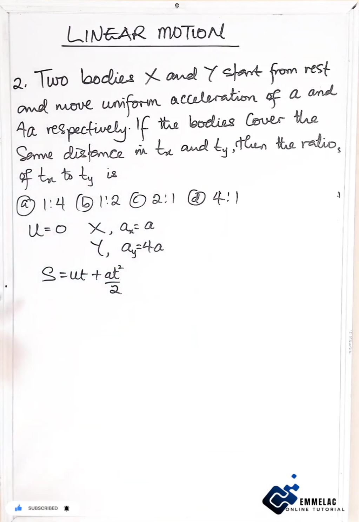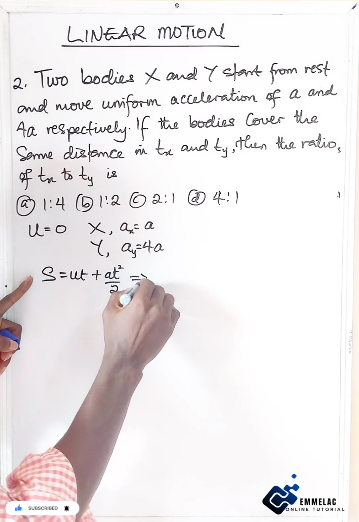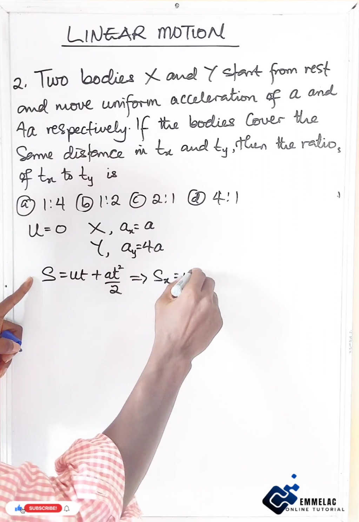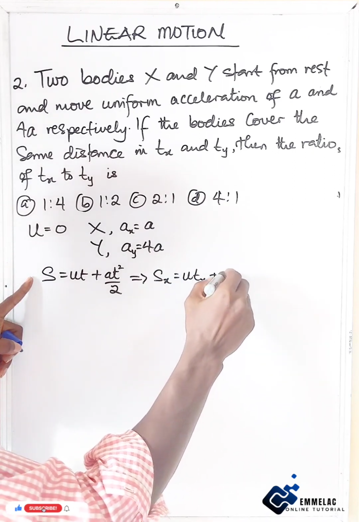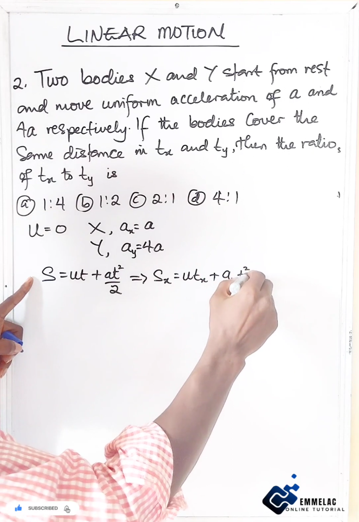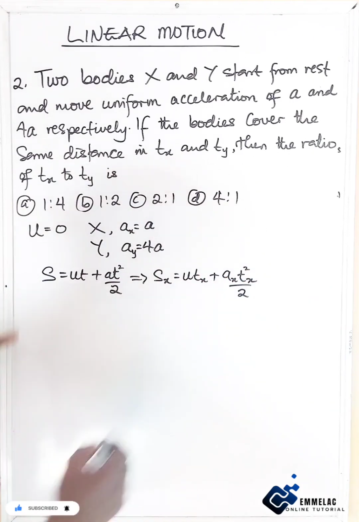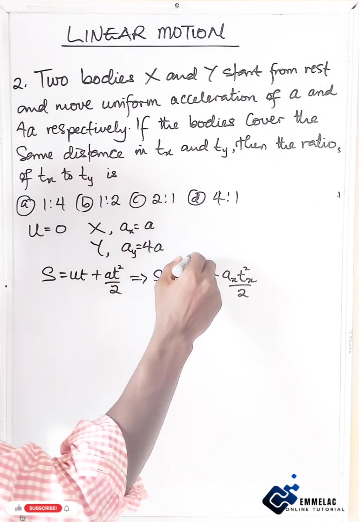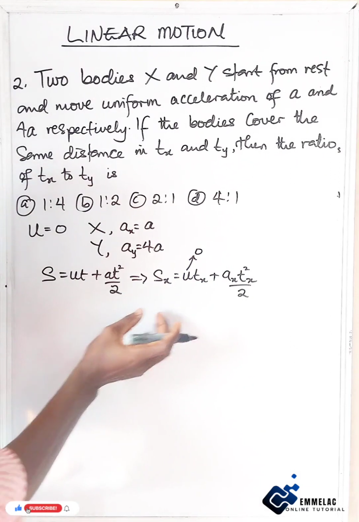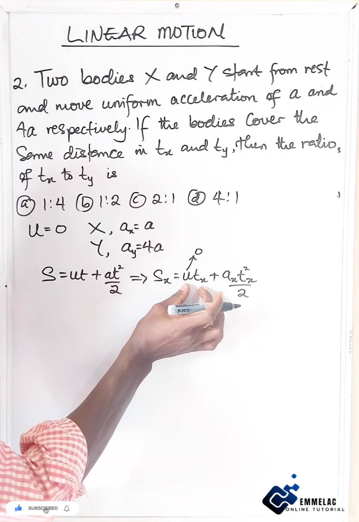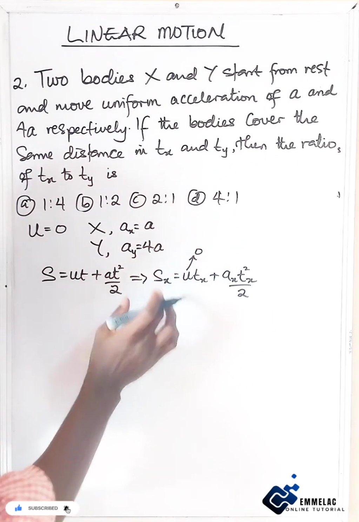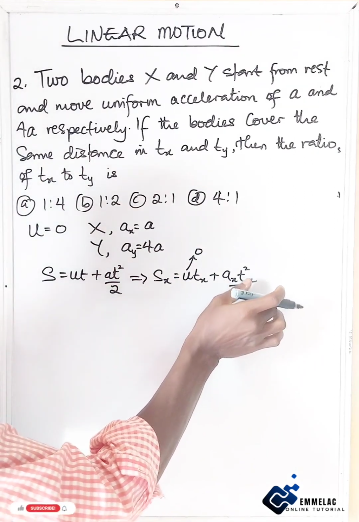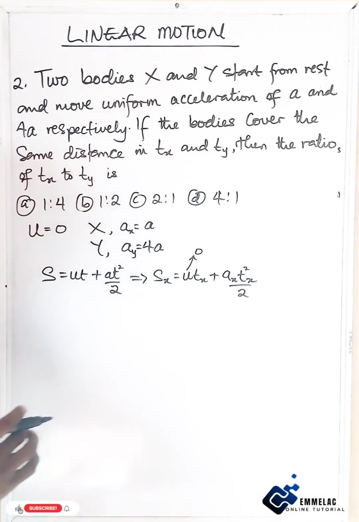Okay, now for x, we can say here that s equals u t sub x plus a sub x t squared sub x all over 2. All right, now take note that u is 0, and since it is 0, it means the whole of this u t sub x is 0, and we are left with a sub x t sub x squared over 2.